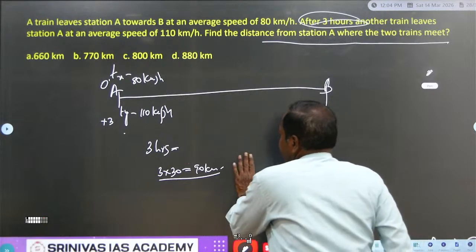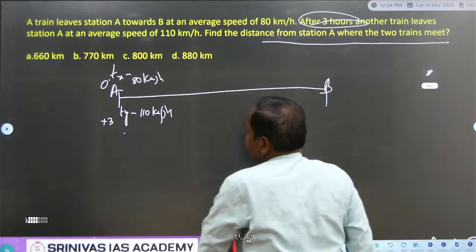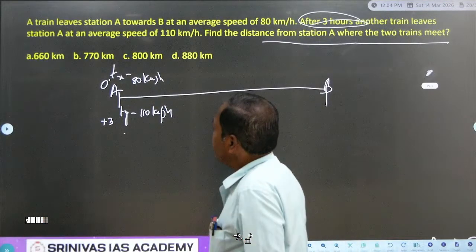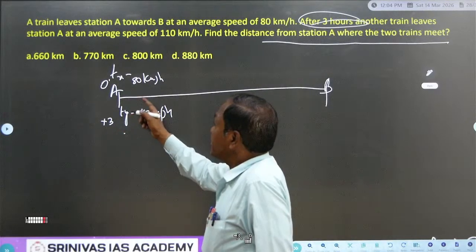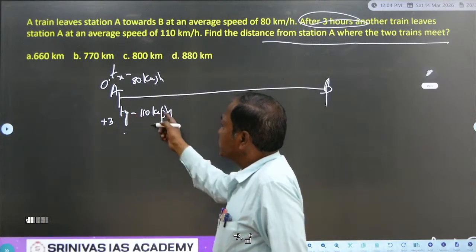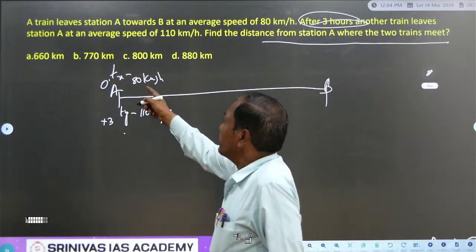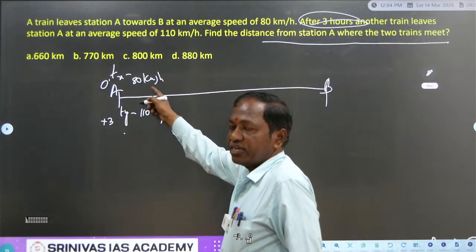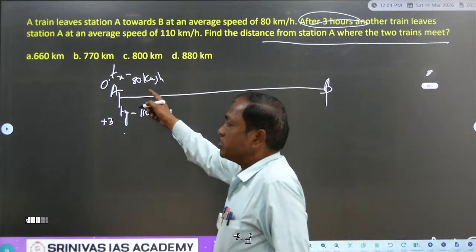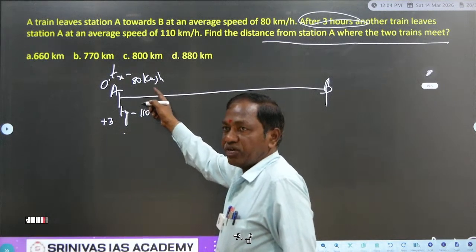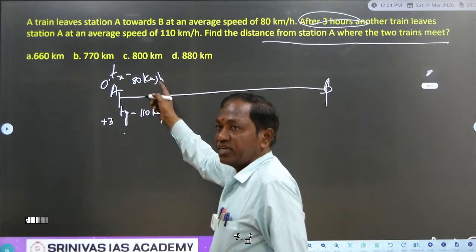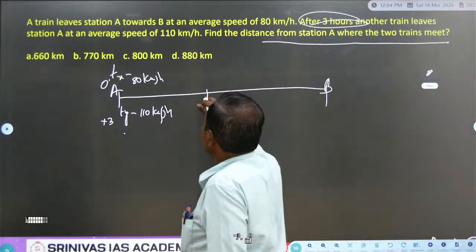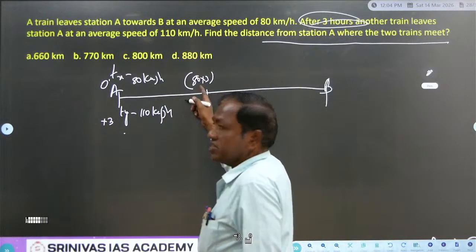Because the first train starts at 0 hour, and another train starts after 3 hours, what is the distance that would have been covered by the first train by then? For 3 hours, this train already covers 80 into 3, which is 240.